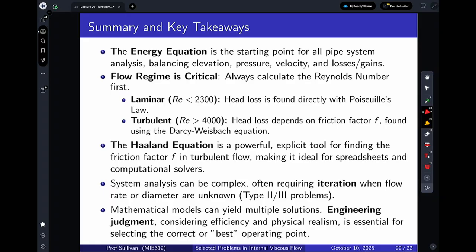Go ahead. Before, you talked about how it gets weird around 21,000 to 28,000, so would that be from 21,000 to 40,000? I'm sorry, 2300 to 4000. Yeah, in that range, in between the two. I may have misspoken. From 2300 to 4000, it's transition.